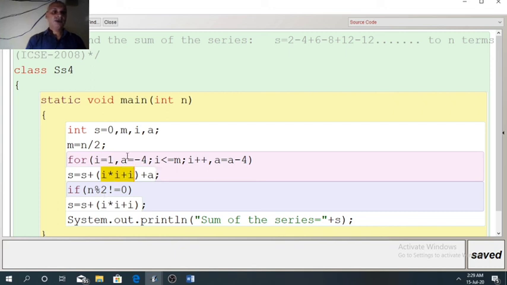So if you have i equal to 4 after the update, 4 less than or equal to 3, the loop will be over because it will run only 3 times. But i is already updated, it has become 4. So in the previous value of S, 4 square plus 4, that is 16 plus 4, 20 will get added. That is the 7th term of the series. Now we will see the result.